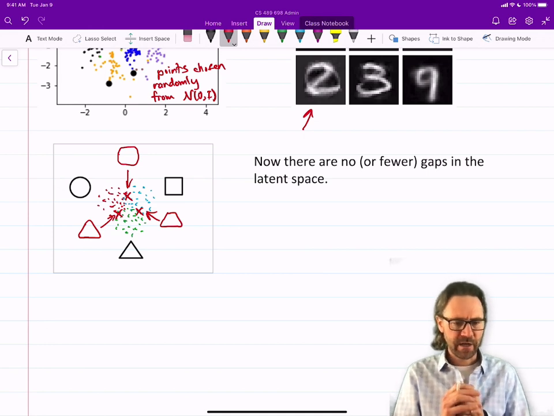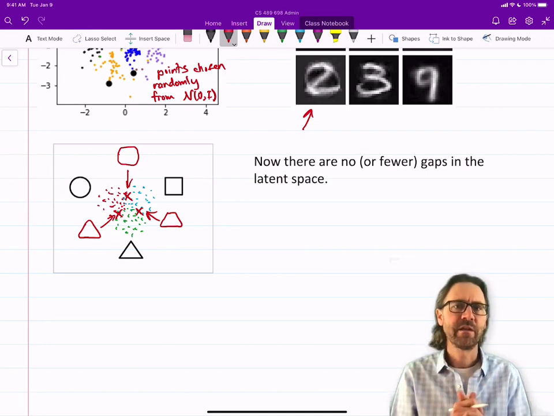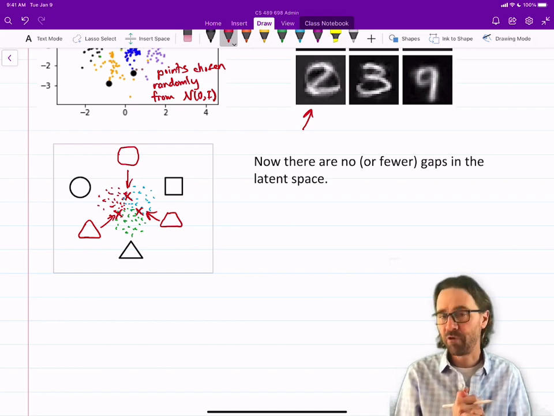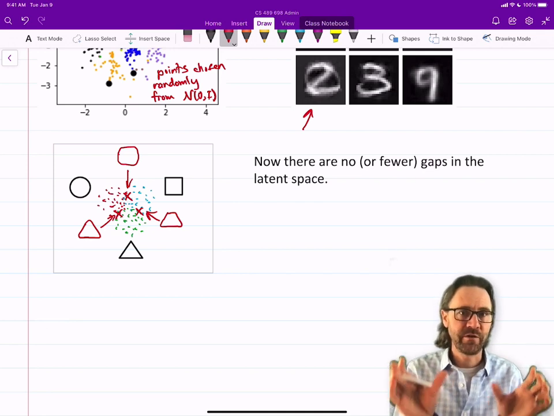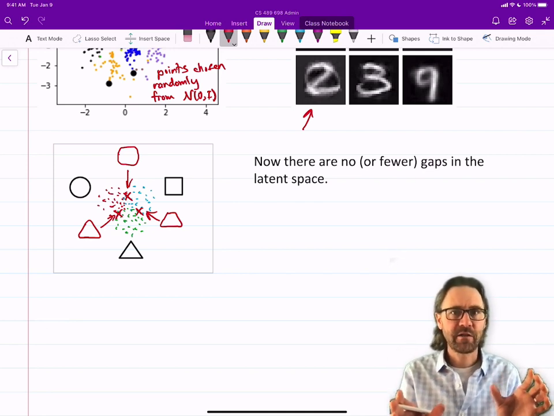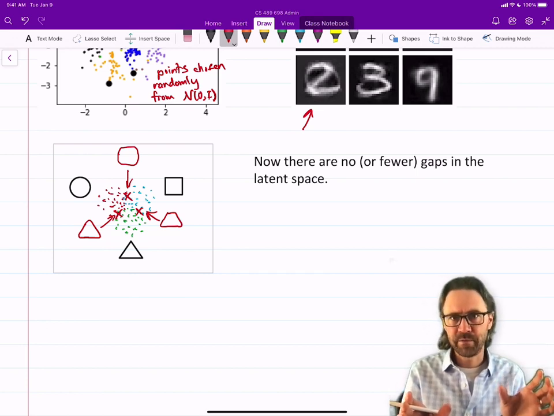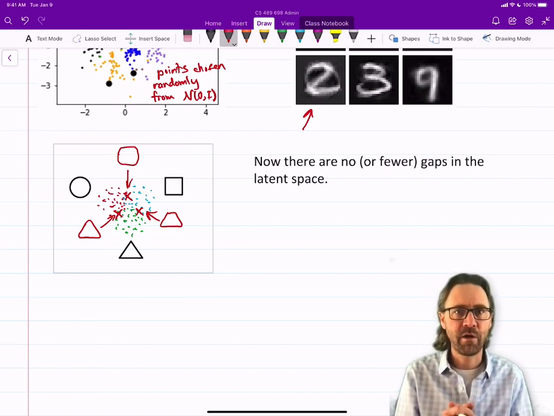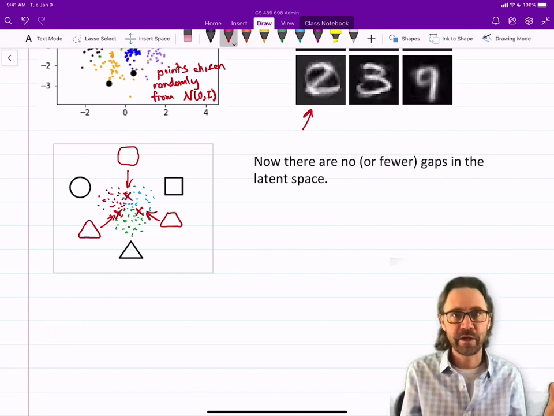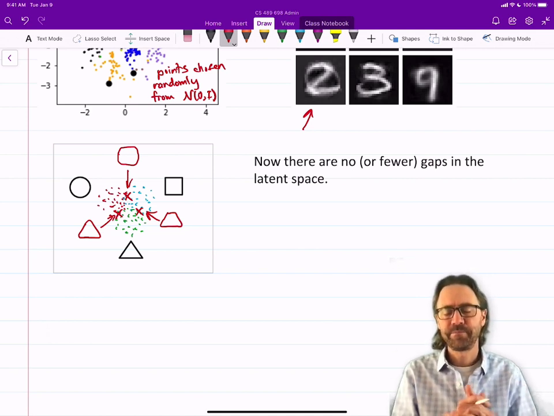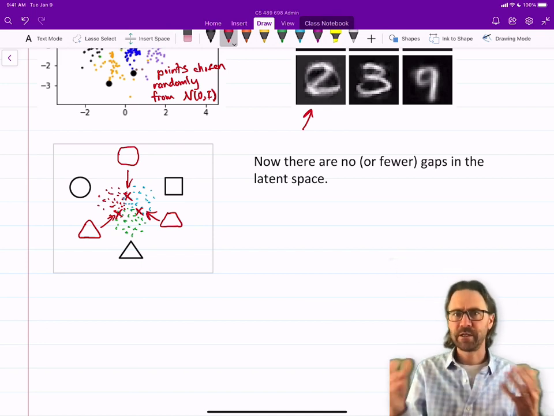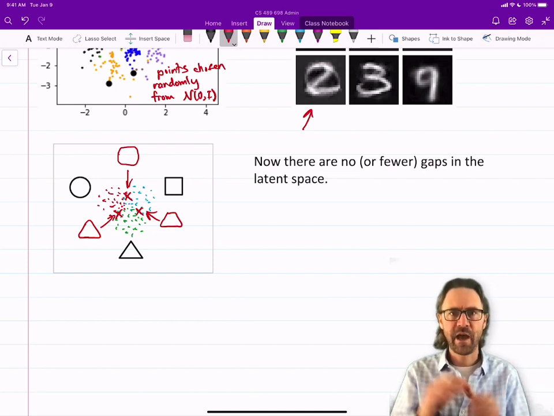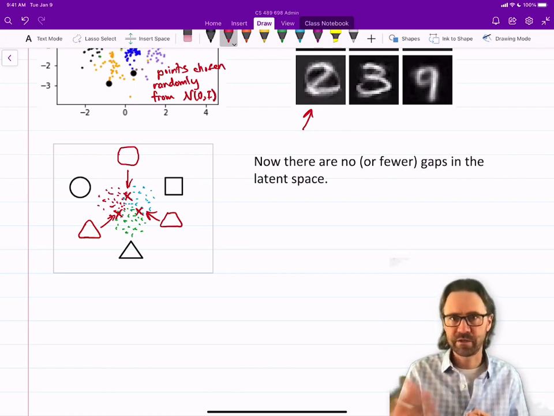It's a balancing act between forcing the latent space representation to be standard normal and the quality of your reconstructions. You do have to trade them off. You can expect that the reconstructions from this autoencoder will not be as high quality as an autoencoder that doesn't have any constraints on the latent space representation. But it does have the added bonus that the latent space representation is much smoother and tends to have no or fewer holes in it where the latent representations don't correspond to any digits.